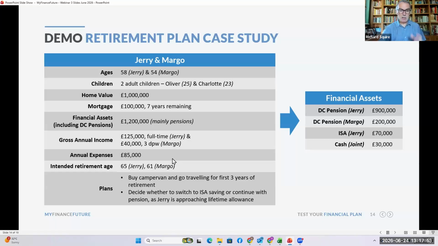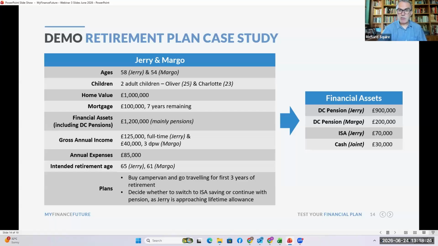So you can see that they've got a fairly busy life, and there are some potential optimization opportunities there given the tax bands they're in. And their plans for retirement, keeping this simple but adding in something that we can plan around: they're planning to buy a camper van at the start of the retirement period when Jerry's 65, and go traveling for 3 years and sell the camper van at the end.